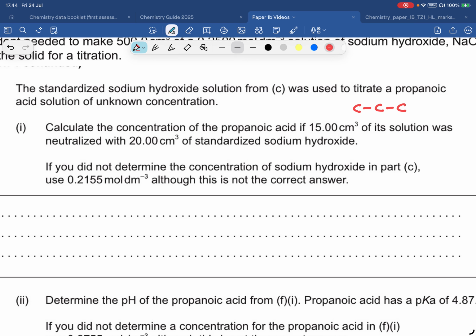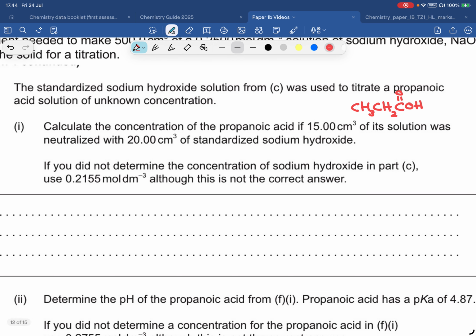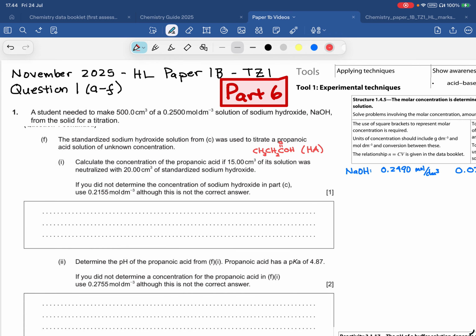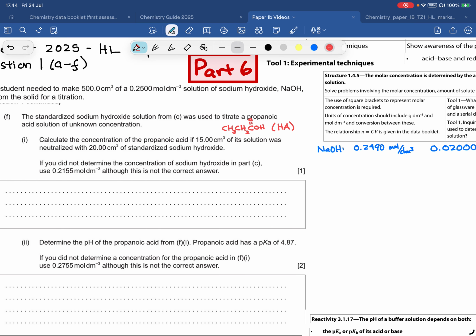It's anoic acid, so it's C double bond O, OH, and then that's CH3, and that's CH2. Now, that does not matter in the least for this particular problem, because what we generally do with acid-base problems is we simply abbreviate HA. Okay? So I'm just going to keep that HA as propanoic acid.